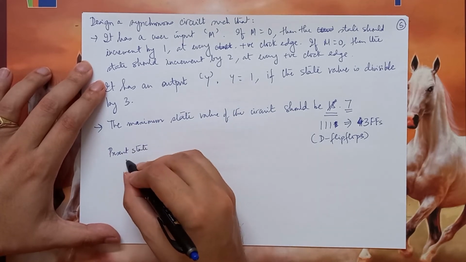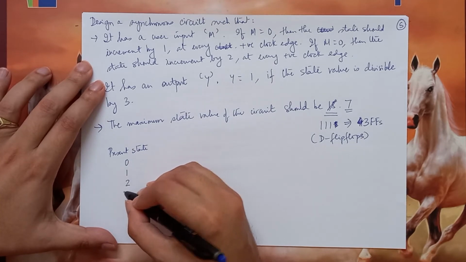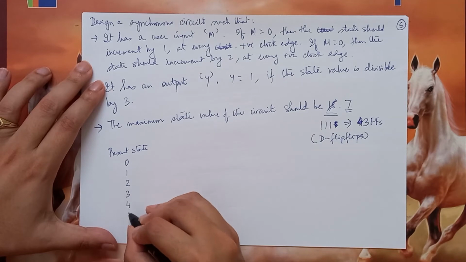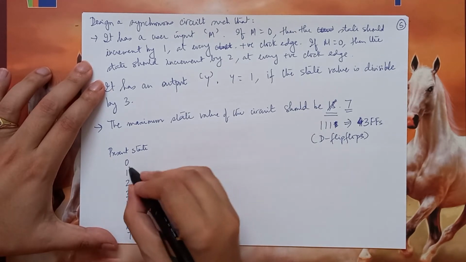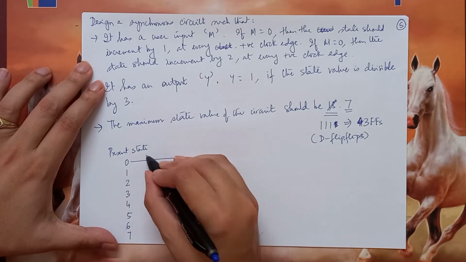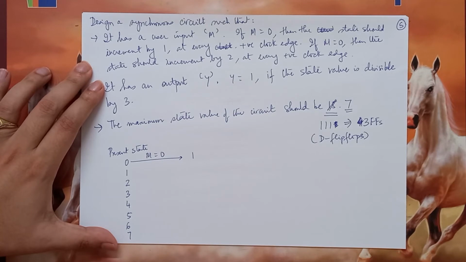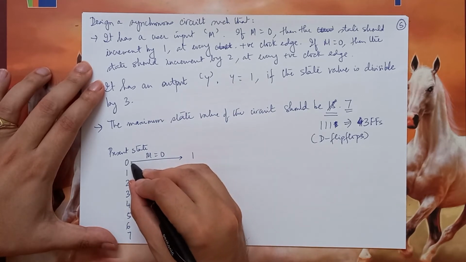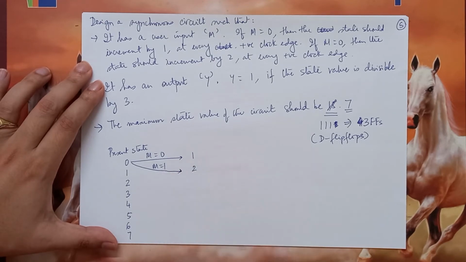So the present state can go from 0 1 2 3 4 5 6 and 7. If M is equal to 0, then the next state for 0 will be 1. But if M equal to 1, then the next state has to be 2.